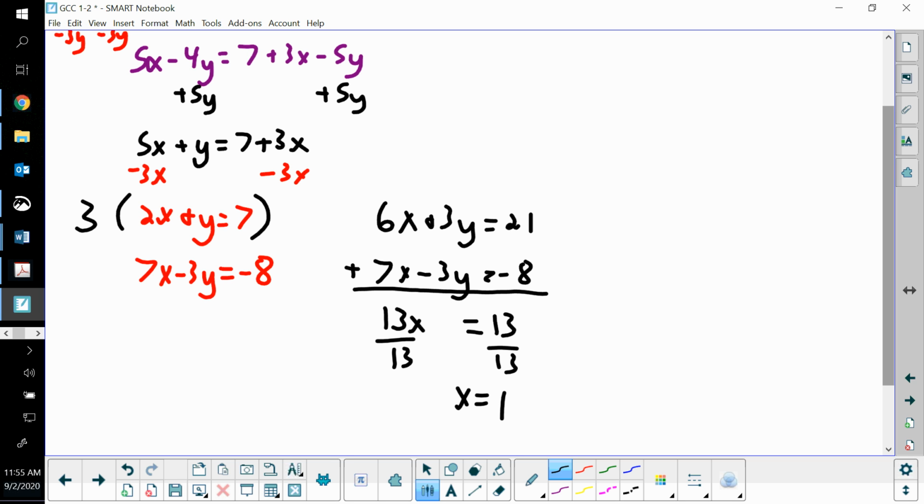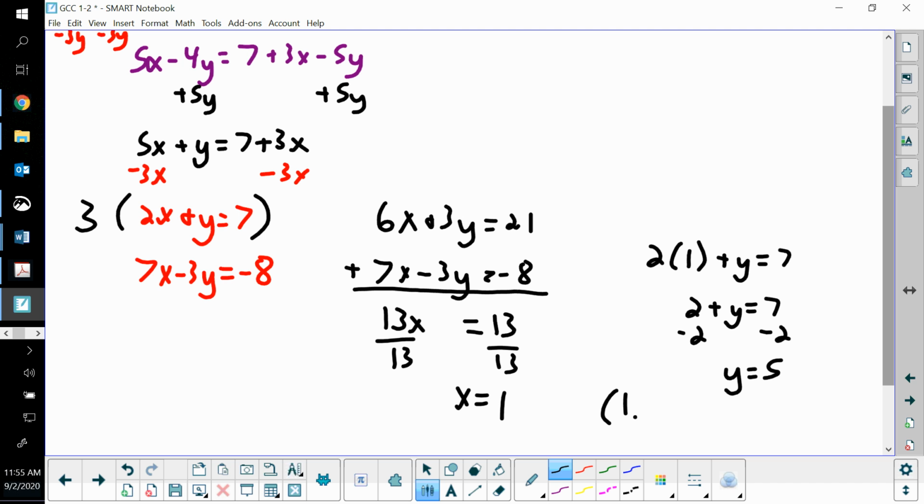So I'm going to take the 2x plus y equals 7 to sub back in, and you get y equals 5. So our solution, the point where those two lines would cross, is 1, 5.